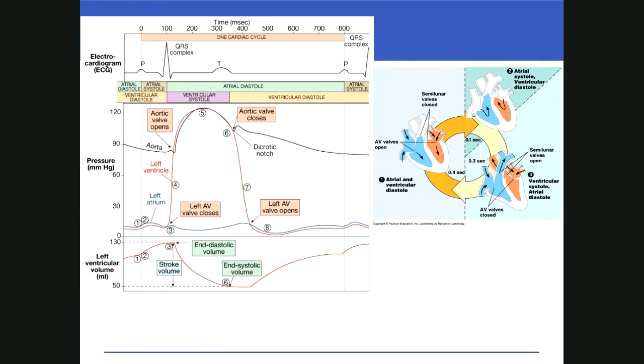His stroke volume, how much blood is ejected? Exactly. That's how much blood was pushed out of the heart, out of the left ventricle during that beat. So if we look at it, we can figure it out. So remember the equation is just EDV minus ESV. So if we plug in those numbers, we should be able to figure out what stroke volume is. So EDV is 130, so 130.